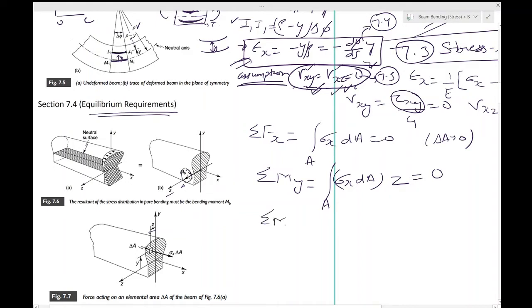So Mz will be equal to the integral of sigma x dA into the lever arm, and the lever arm to calculate Mz is y, and this is equal to Mb. So these are the three equilibrium equations, and that is essentially the fundamental of this part.